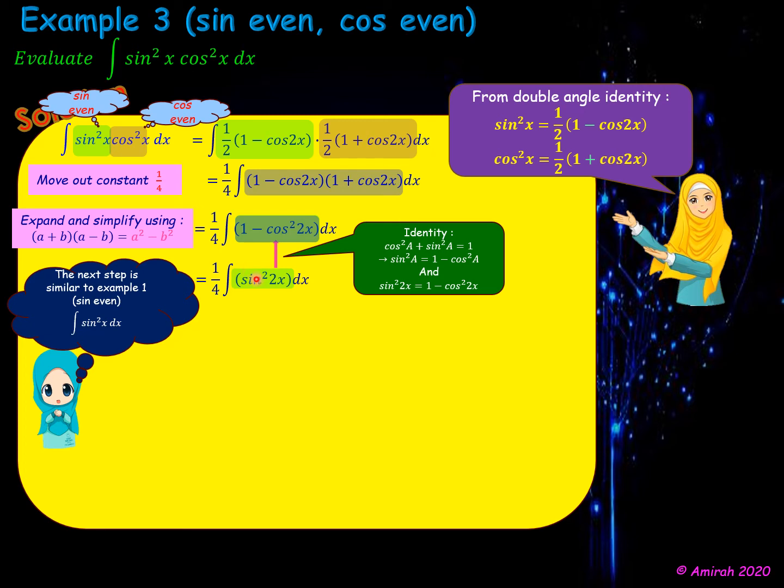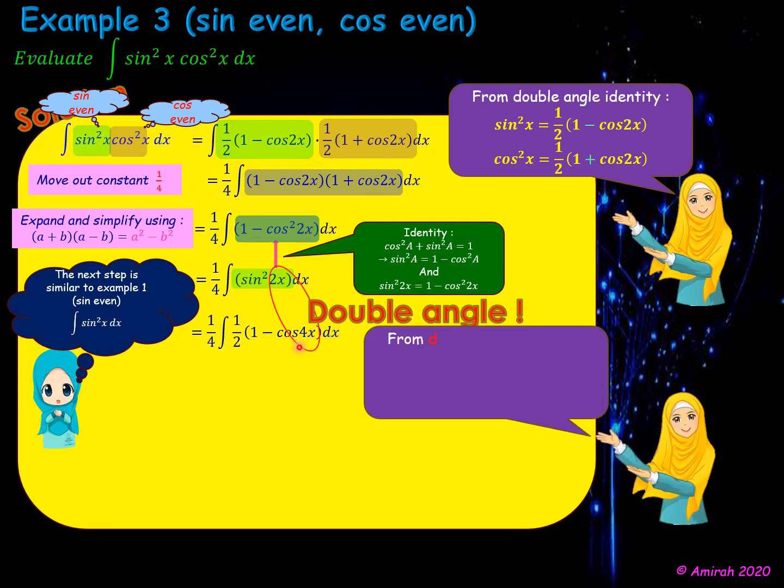That means we need to repeat the technique we used at the beginning of the solution. This is actually similar to example 1, but you should note that the angle has doubled. Okay, here the angle is now doubled.